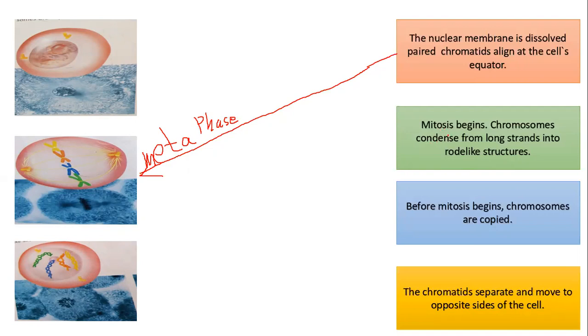Next sentence, mitosis begins. Chromosomes condense from long strands into rod-like structures. So let's get back to the pictures. Which picture has chromosomes condensed into rod-like structures? Yes, excellent, this picture.